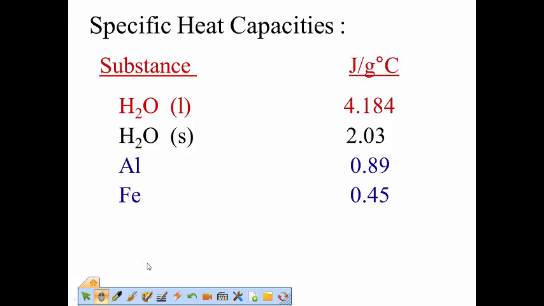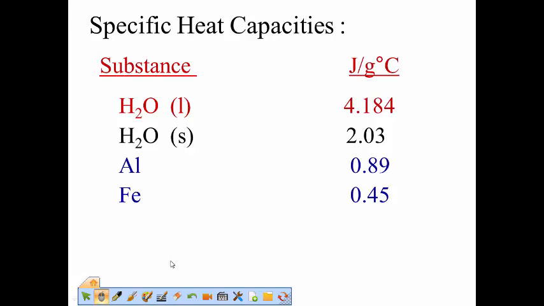Metals typically have very low specific heat capacities. That's one of the properties of metals. They are good conductors of heat and electricity. It only takes for aluminum 0.89 joules before a gram of it changes its temperature by 1 degree, and iron takes even less, 0.45 joules, before 1 gram changes its temperature by 1 degree Celsius.